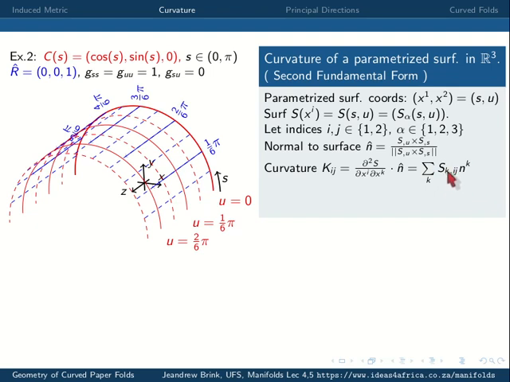Whenever you have an index at the bottom and an index at the top, it means you sum over everything that index could possibly be. That's the summation convention, and I'm going to stick to it. Also be careful, this is not a matrix effectively. There's a difference between an index at the top and an index at the bottom that I'll define when I start defining the manifold rigorously.